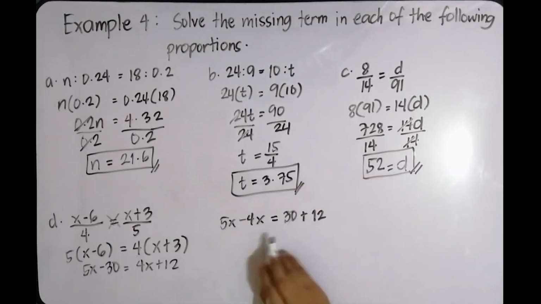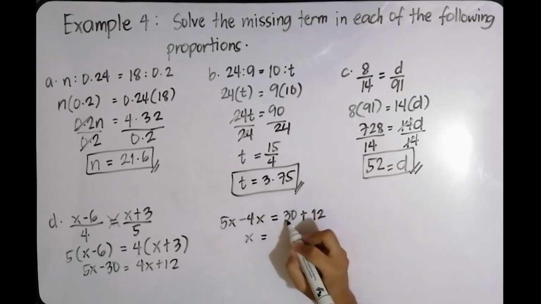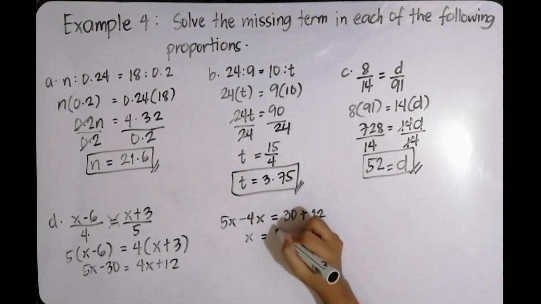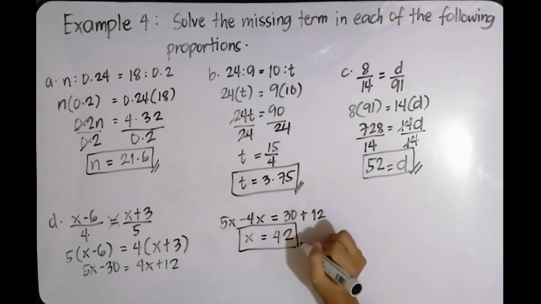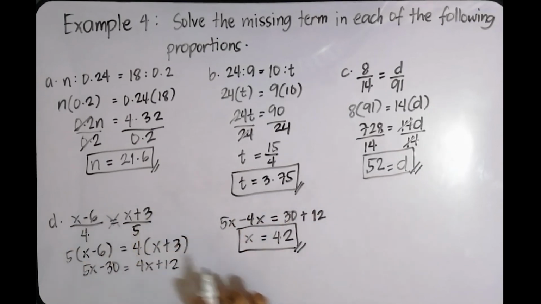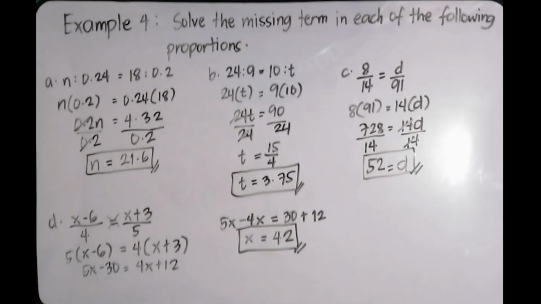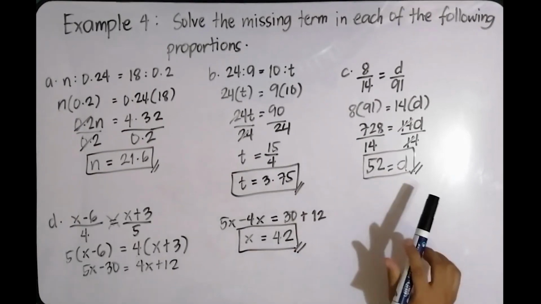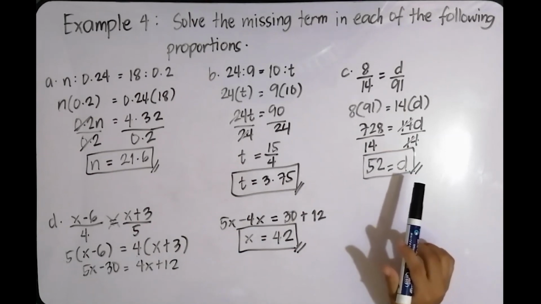So simplify, we have 5x minus 4x equals x. Then 30 plus 12 is equal to 42. So the value of our x in this proportion is equal to 42. That's it for the fundamental property of proportion.